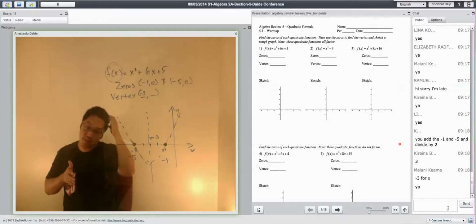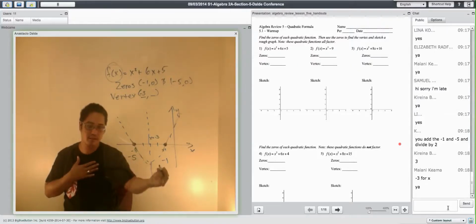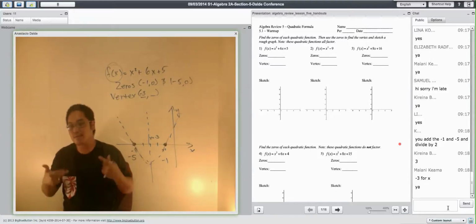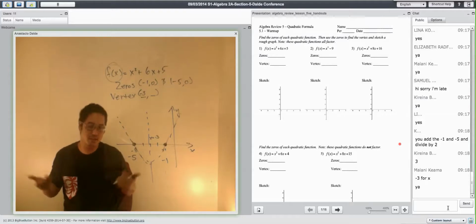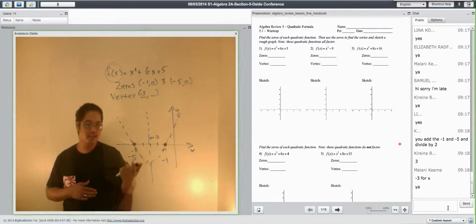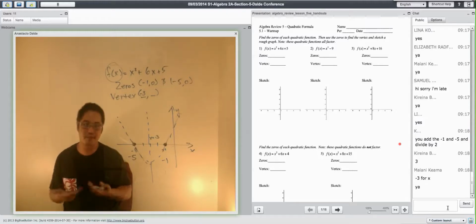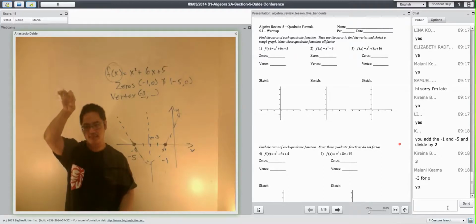All you would do is add up -5 and -1 and then divide by 2. You're taking the average. You guys remember how to take an average? You add up the numbers and divide by how many numbers you added. In this case, we're only dealing with 2 numbers, so you take the average of -5 and -1. That would be -6 if you add them together. Divide that by 2 and you get -3. Voila. We cool? Does that make sense to you now?